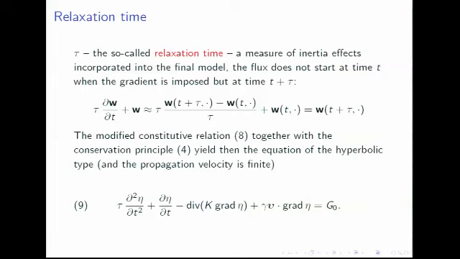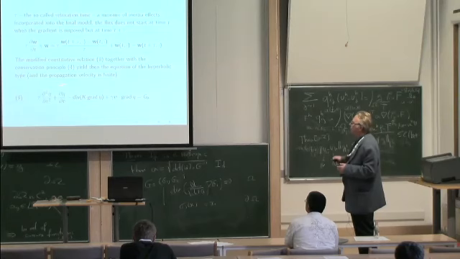The modified constitutive relation in this sense, together with the conservation principle, yields then a hyperbolic type equation, and the propagation velocity is finite. So we can see the equation here.